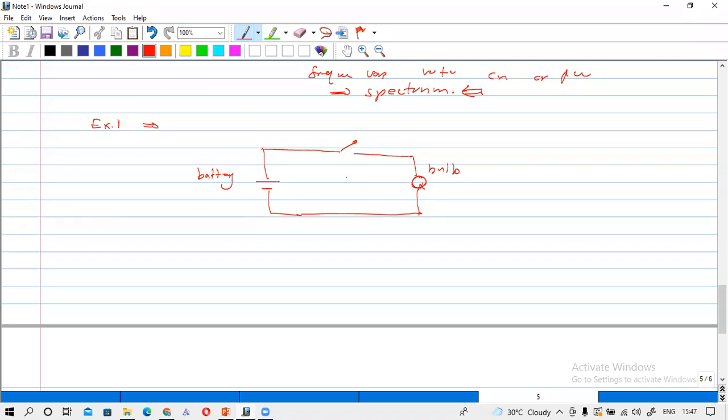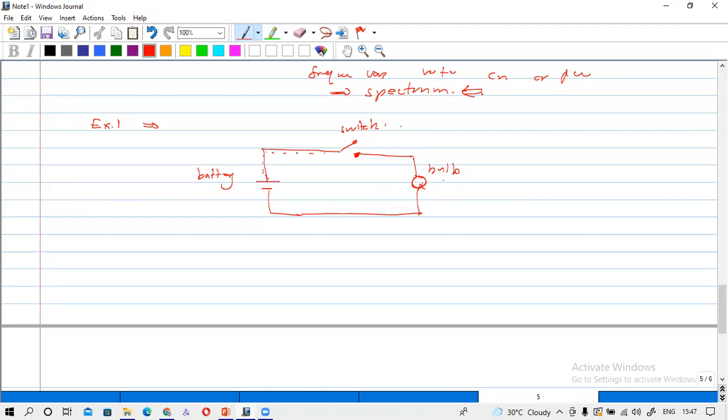Say this is a switch. If you keep this switch open, these are the cables, and this is the battery. So this circuit is not complete, no? This circuit is not connected, so no current will flow through this circuit.